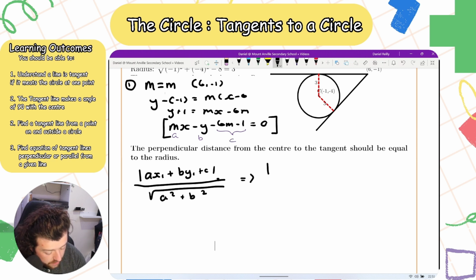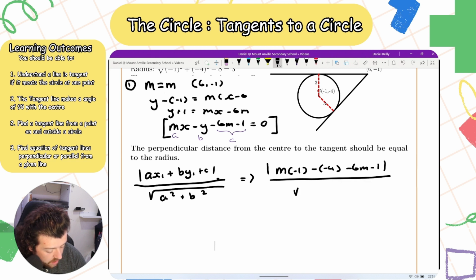So the absolute value of, and my point is (-1, 4), m times -1 minus 4 minus 6m minus 1, absolute value of that, all over the square root of m squared plus -1 squared.